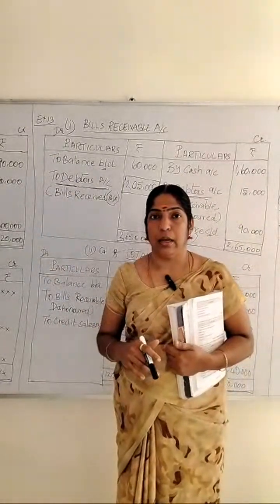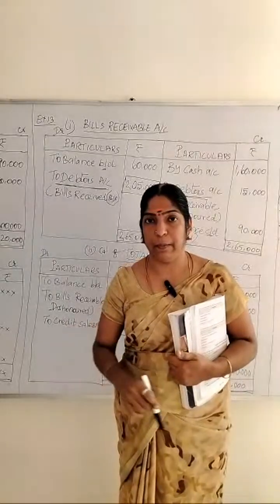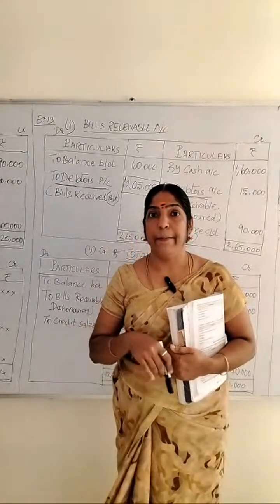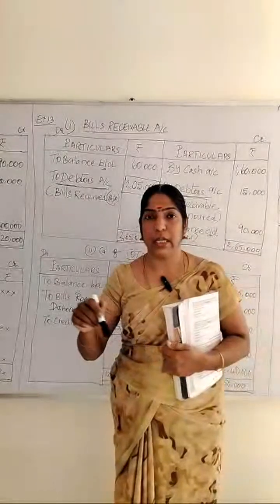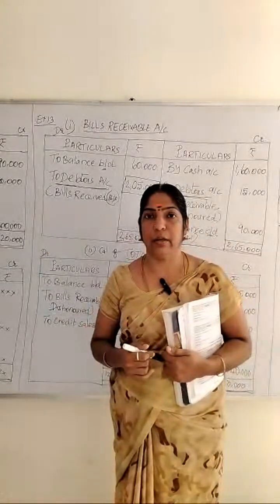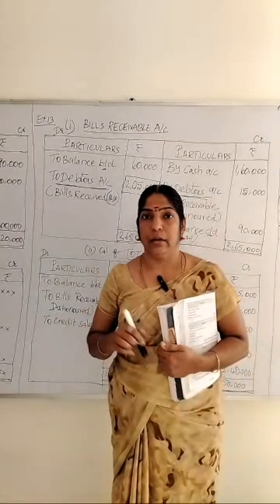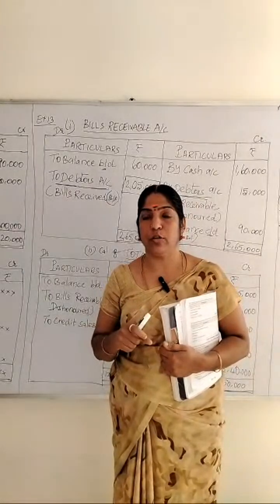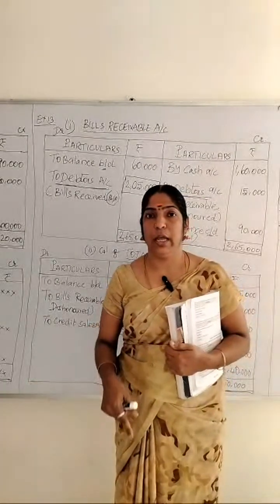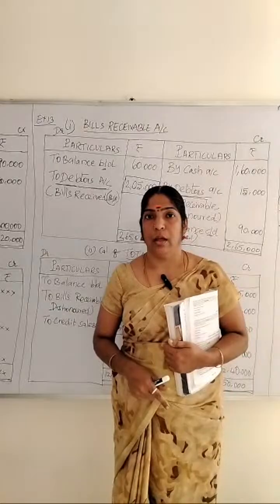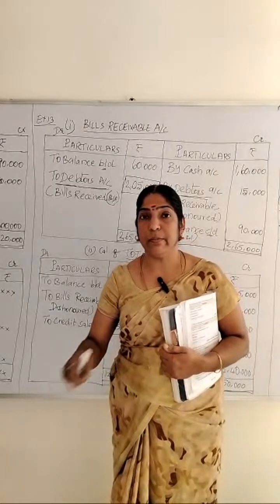And you get a signature from him. That is called the bills receivable document. Say for example, within 10 days he will pay that due amount, 75,000 rupees. Within 10 days from today, May 5, means May 15th.